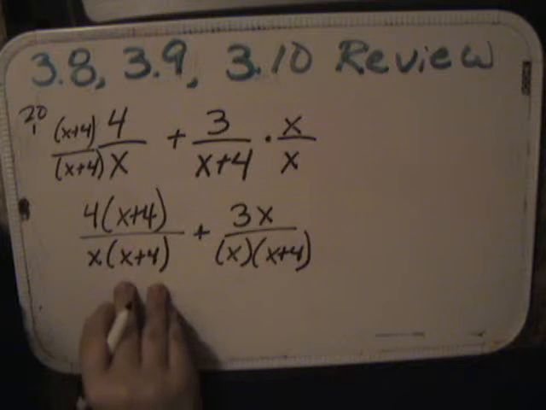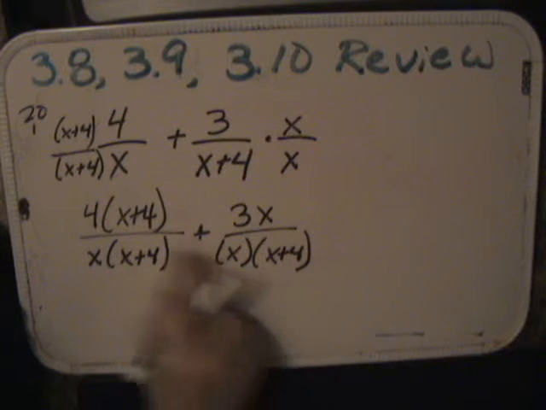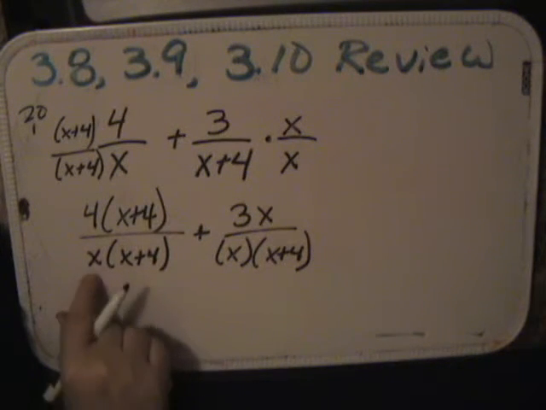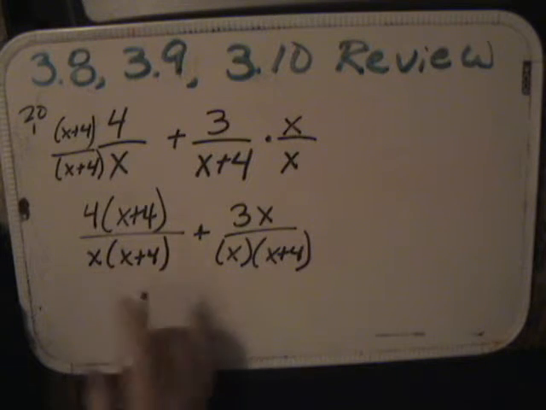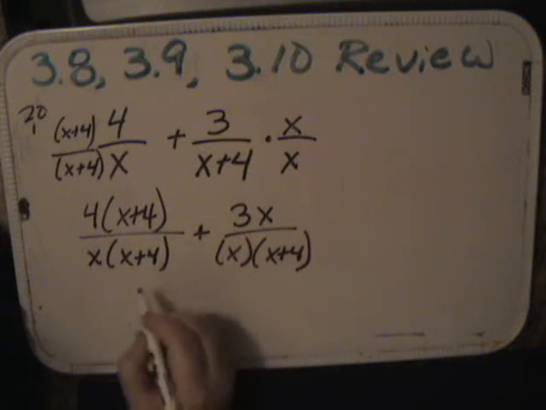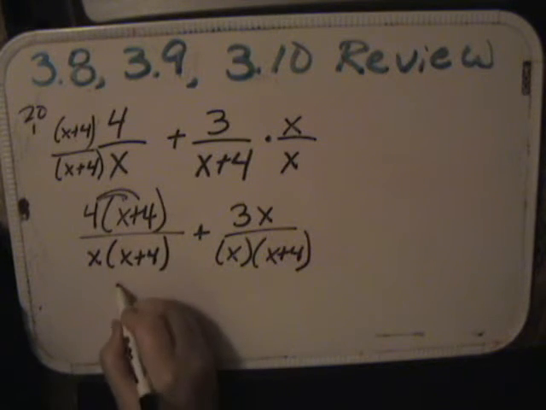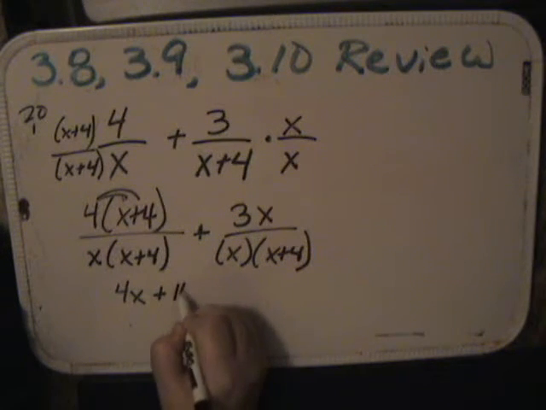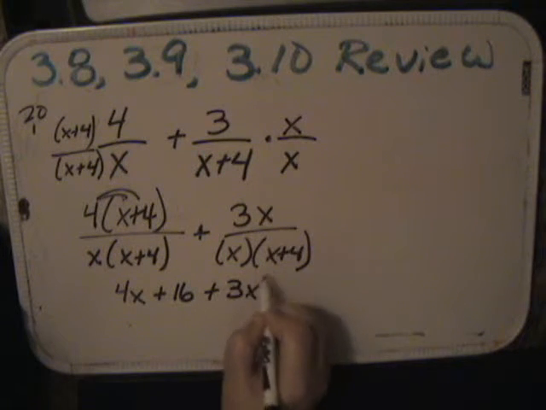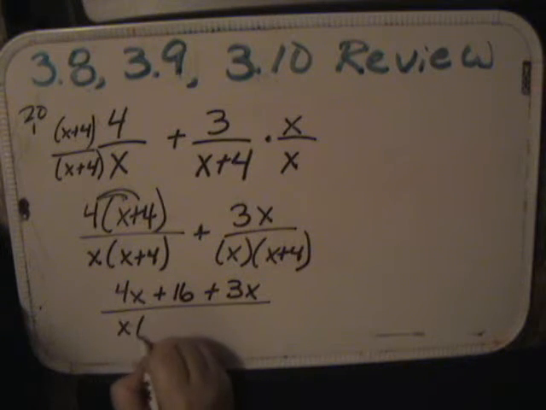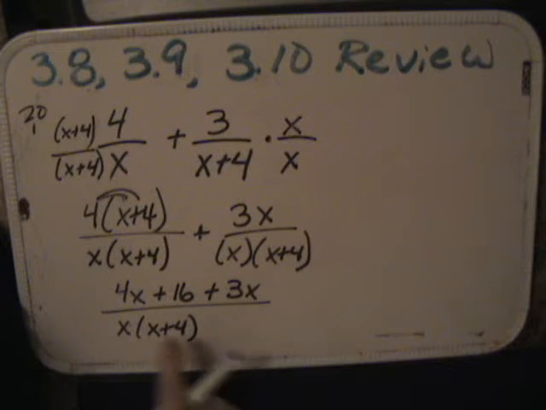Now notice now they have the same denominator, and I put the x first just because usually we put the number out front for those. Next, I'm going to combine them, and I'm going to actually distribute this 4 while I'm at it. So this is 4x plus 16 plus 3x all over x times x plus 4.